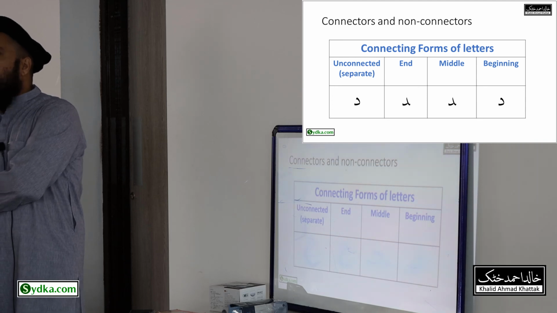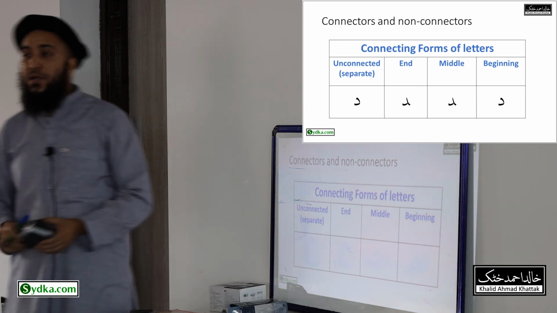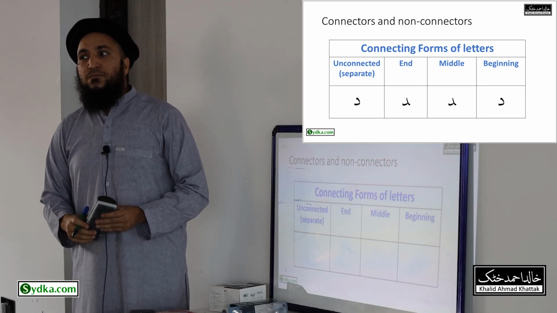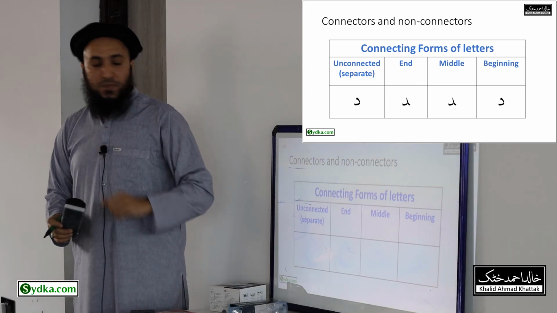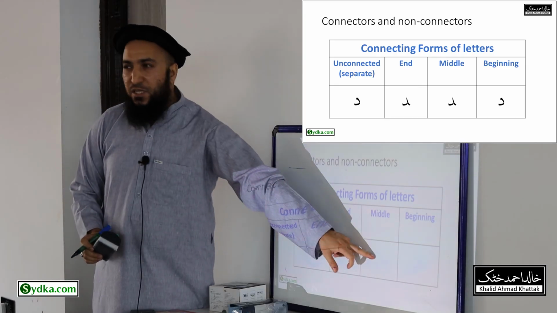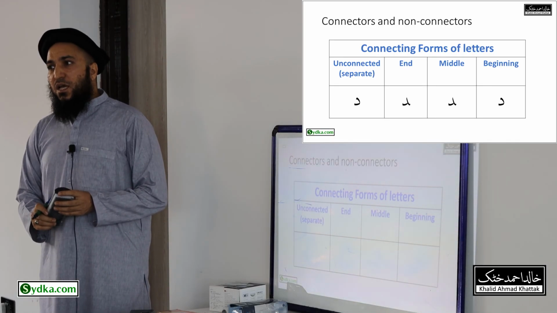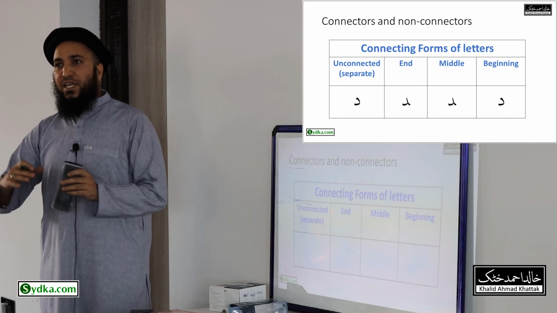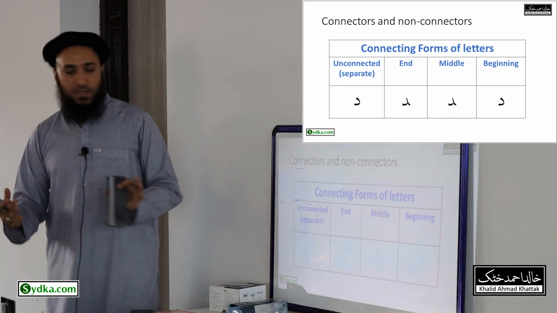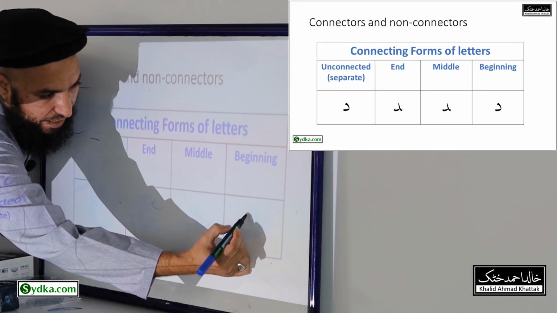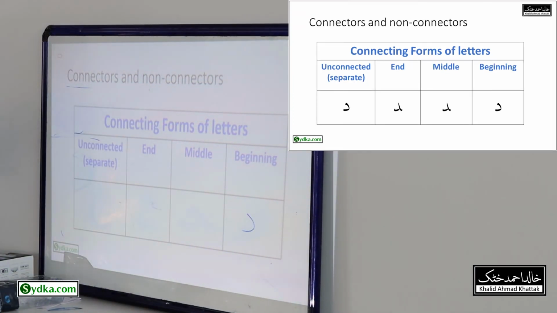No. Non-connector. Why? Because they don't connect from both sides. What happens in the middle? It just stays open. So in the middle, you can connect something before it, but not after it. That's the main thing. So if in the beginning, it is exactly same as if it comes on its own.